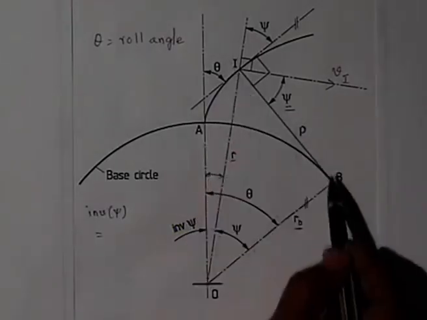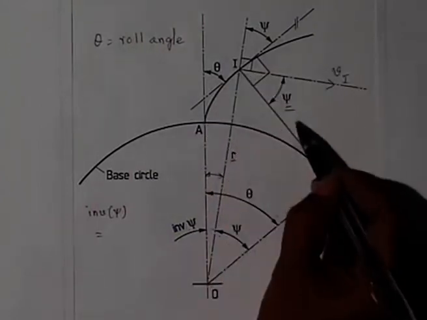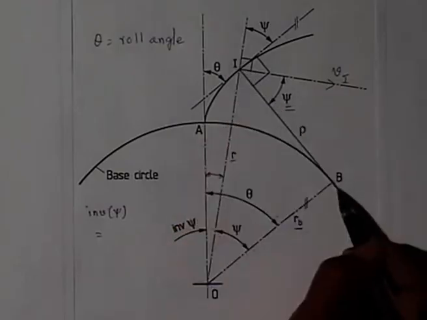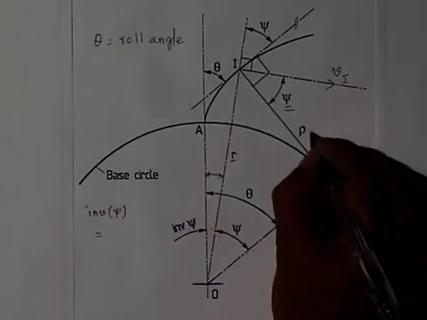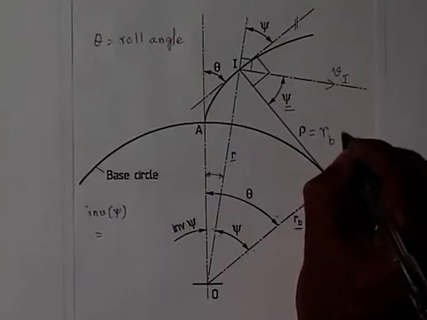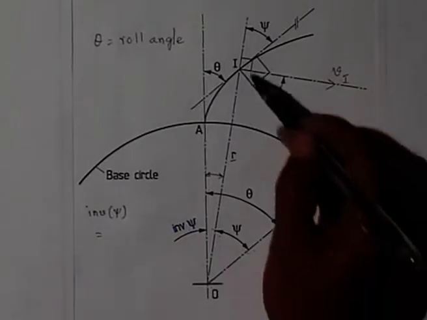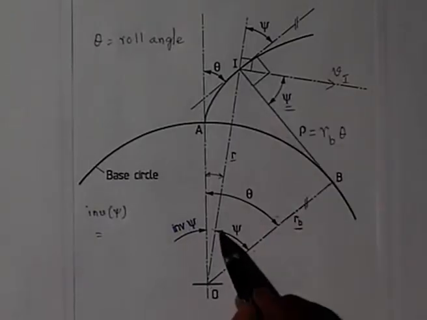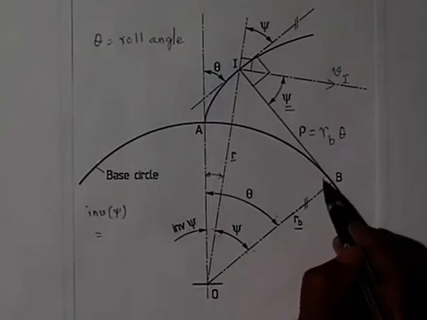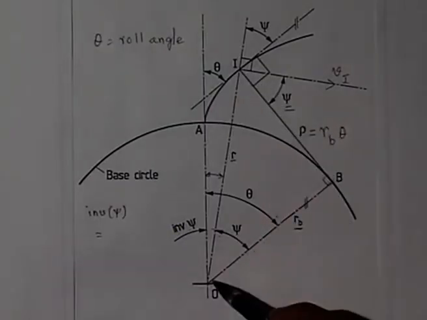So, this rho, which is the radius of curvature of the involute profile at I, the string length is the radius of curvature rho, this rho is nothing but RB into theta. From this triangle OBI, I can write tan of psi, because this angle is 90 degrees, tan of psi is also rho by RB.